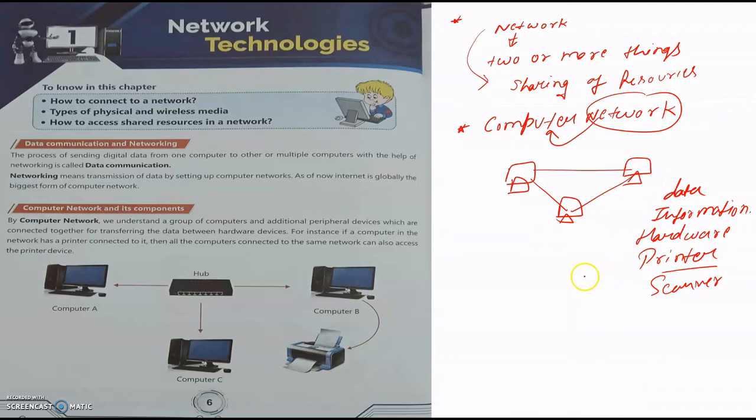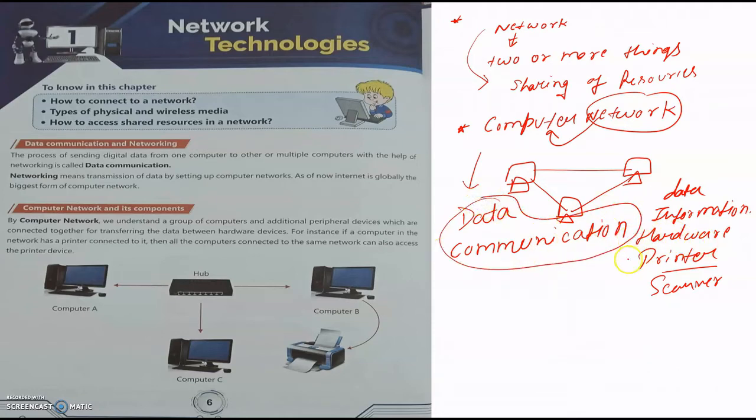Clear? Now the purpose is what? Data communication, or you can say sharing of resources. With the help of sharing of resources, data communication occurs. Just try to correlate each and every thing. What is network? A combination of two or more things for sharing of resources. What about computer network?